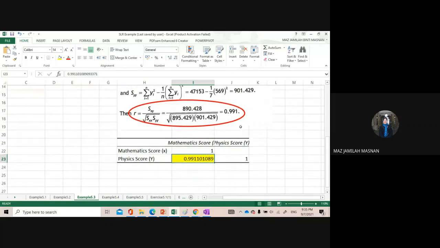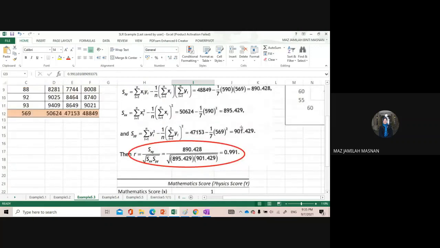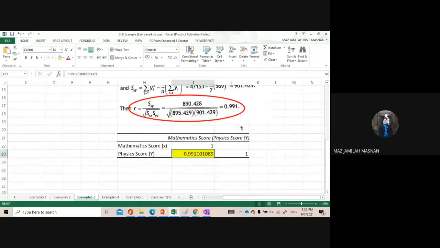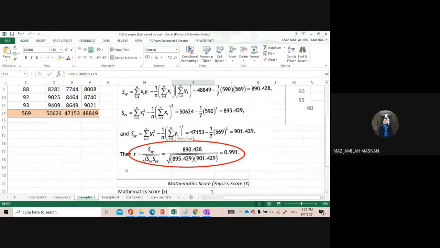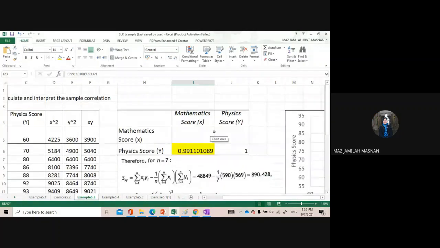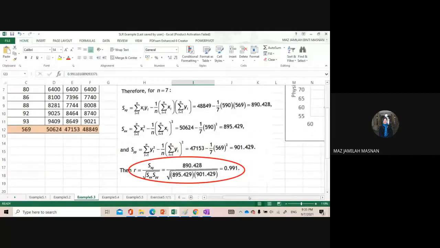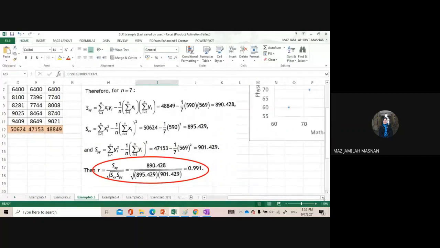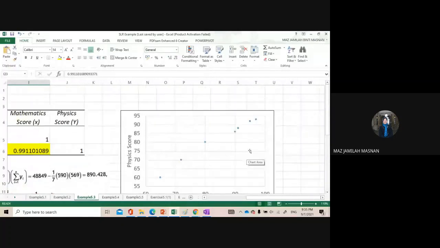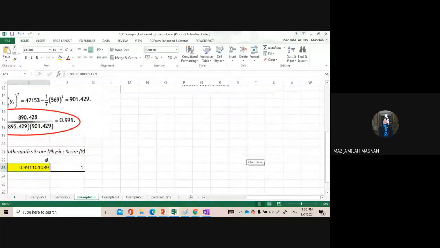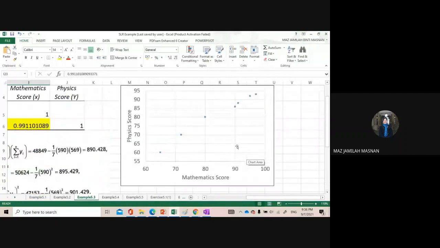Okay, class. So far, do you have any questions? Class? No. Okay, clear? Thank you very much. Remember, just now we were talking about the scatter plot of our data, and it seems that your R, which is almost 1, is reflected clearly in your scatter plot.